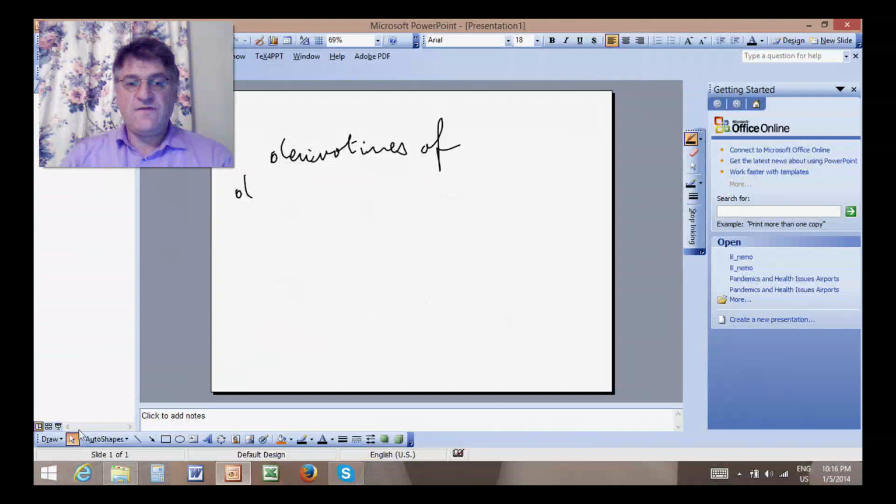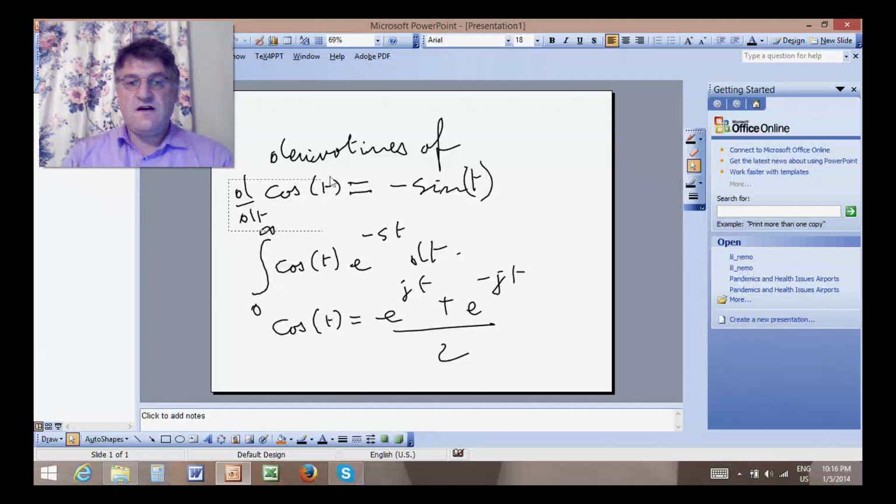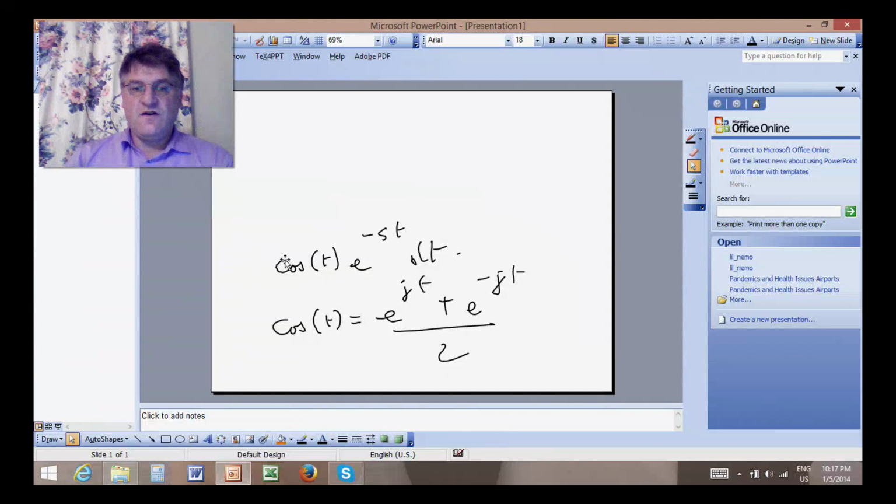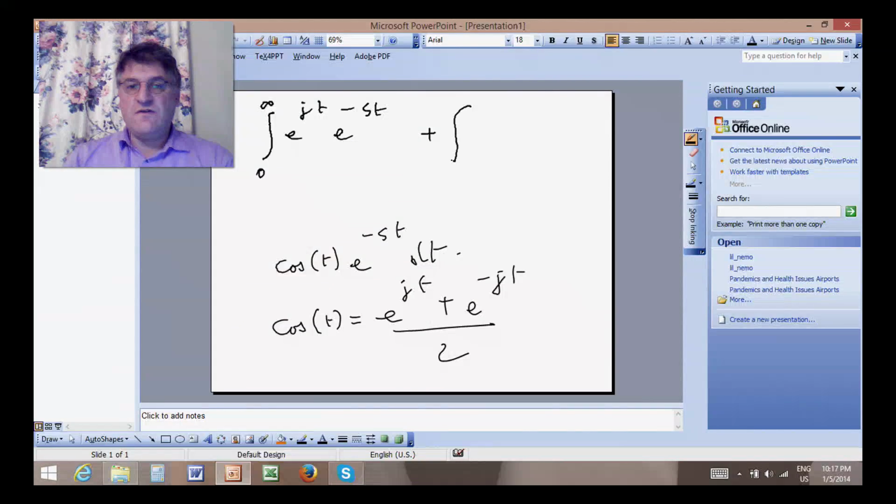So if I want to compute the Laplace transform of cosine of t, what I can do is say that the Laplace transform will be the integral from 0 to infinity of e to the jt e to the minus st, plus the integral from 0 to infinity of e to the minus jt e to the minus st, everything divided by 2.